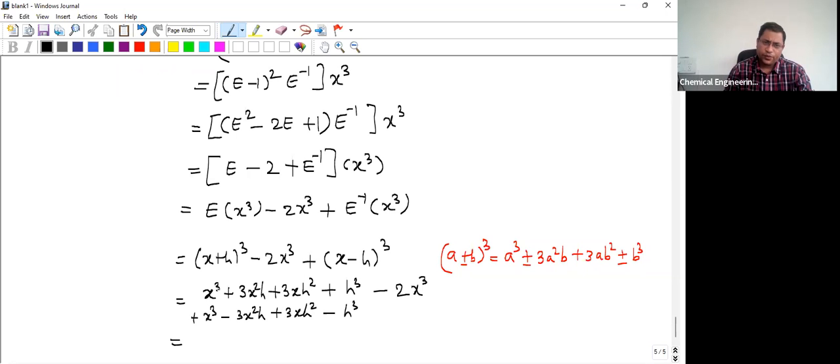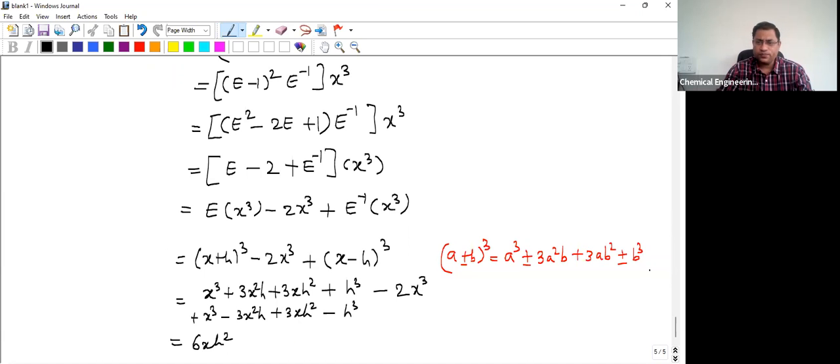So here, 2x cube minus 2x cube will be 0. This term is positive, this term is negative, so 0. This term is positive, this term is negative, so 0. So we will be having 3x h square and this 3x h square, so we can have here 6x h square.